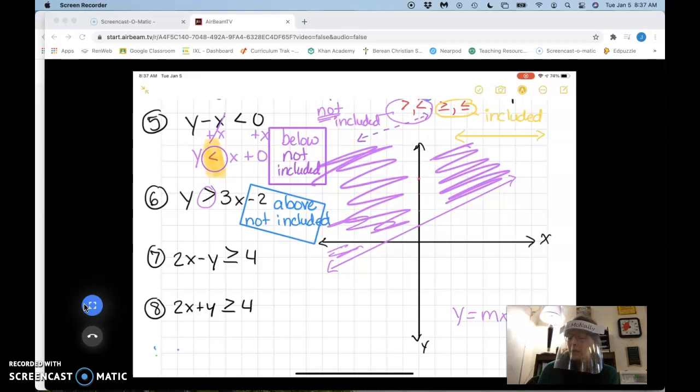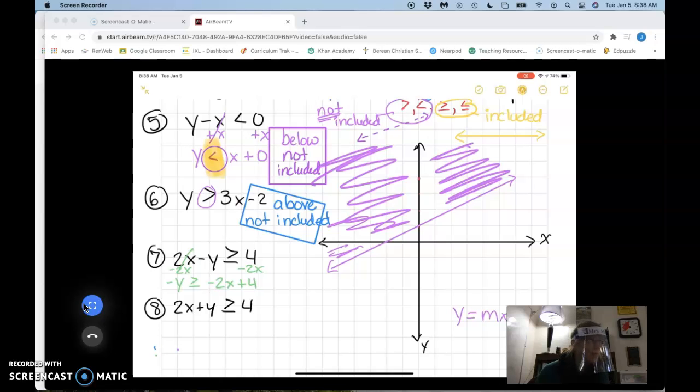All right, so the next one, again, I have to solve this one for y before I can tell all my answers, okay? So I am going to first subtract 2x from both sides. So I get negative y is greater than or equal to negative 2x plus 4. Now, because I have a negative on the y, can I have a negative on the y?